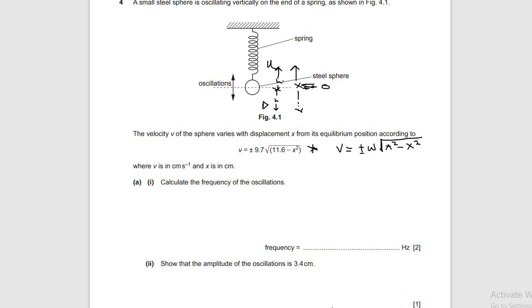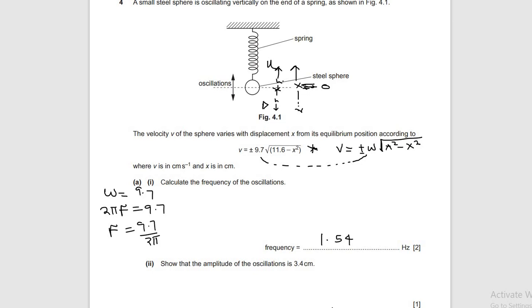This 9.7 is in the position of W, so the angular velocity is 9.7, but we have to find frequency. W is 2 pi f equal to 9.7. So frequency is 9.7 over 2 pi. Use your calculator, and we have 1.54. That's it.